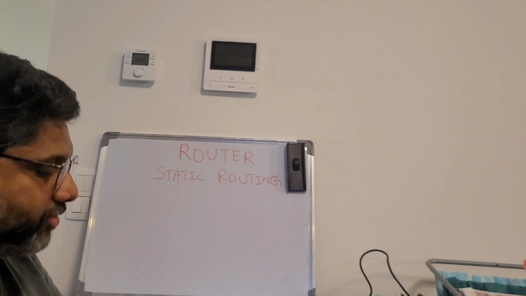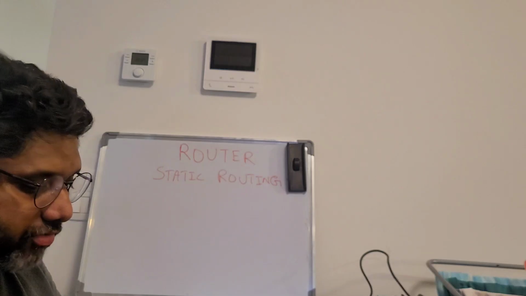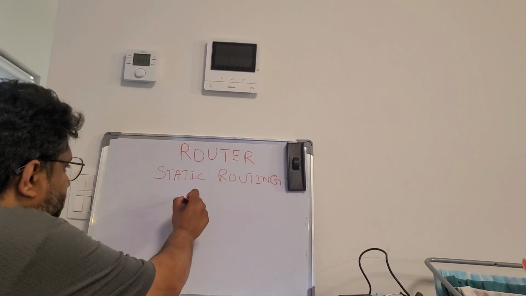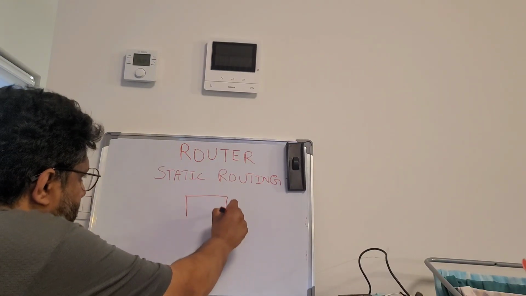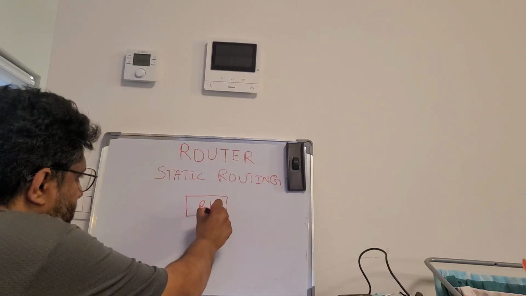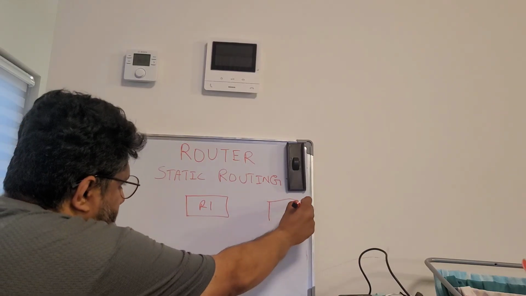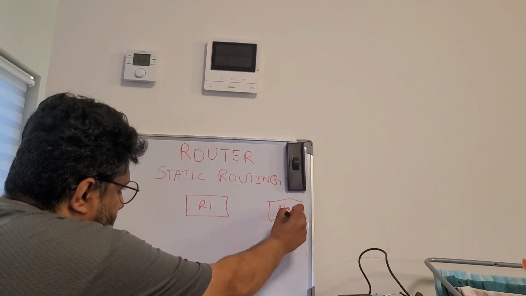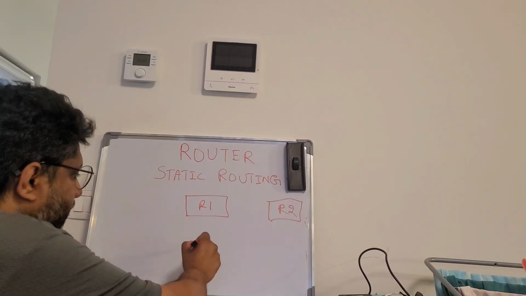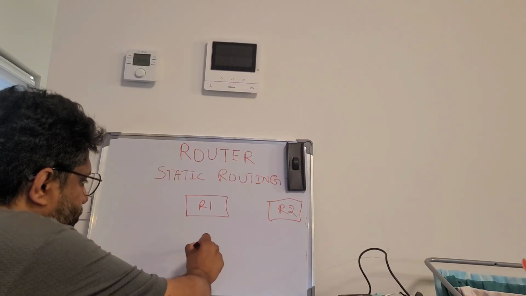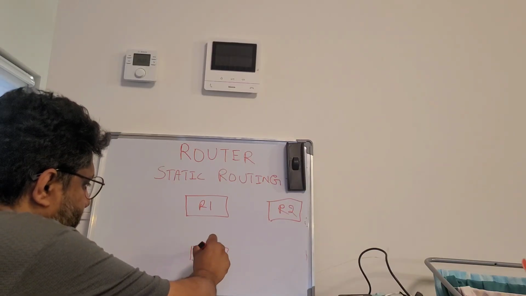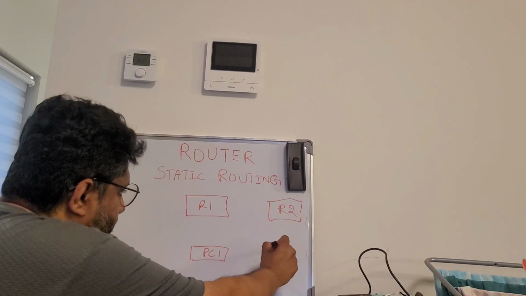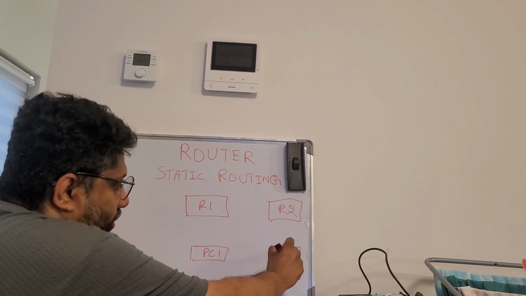So let's draw a pictorial representation of a router. We have R1, R2, and two PCs, PC1 and PC2.